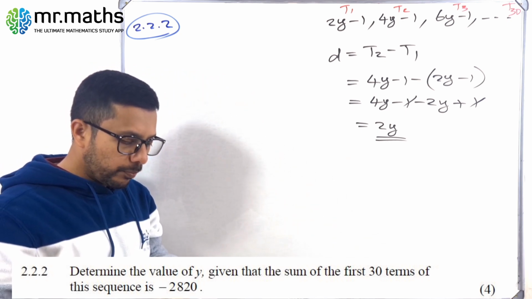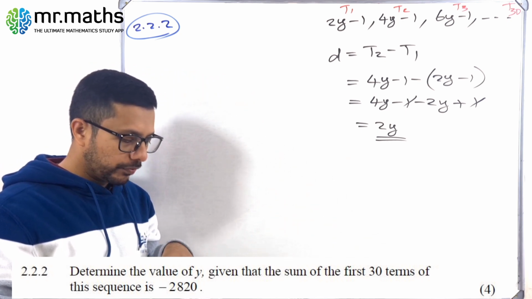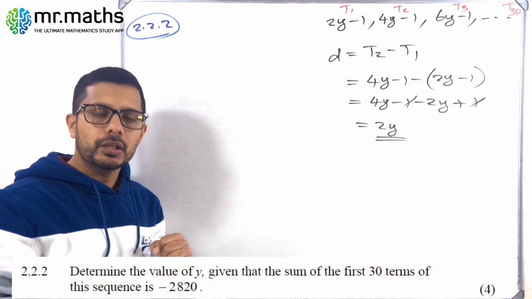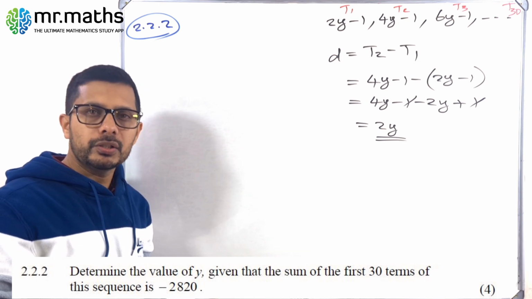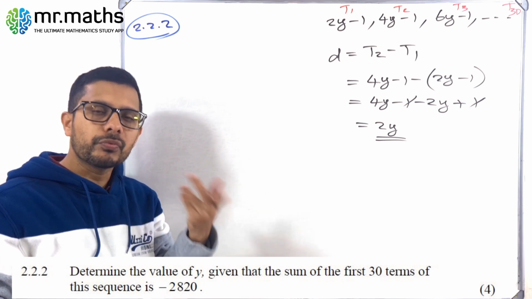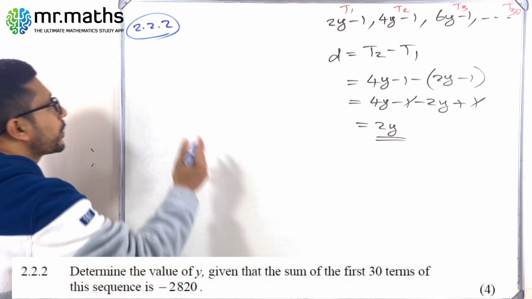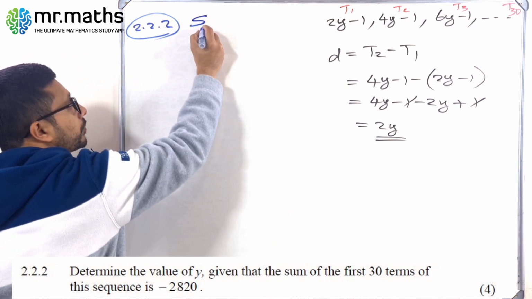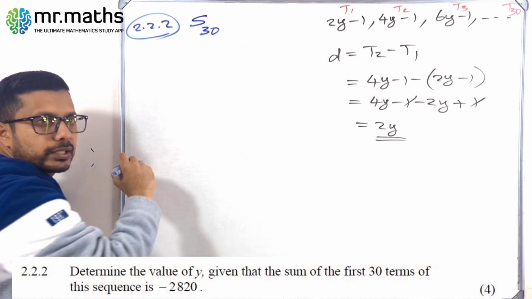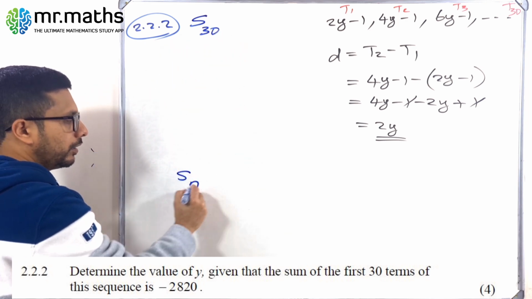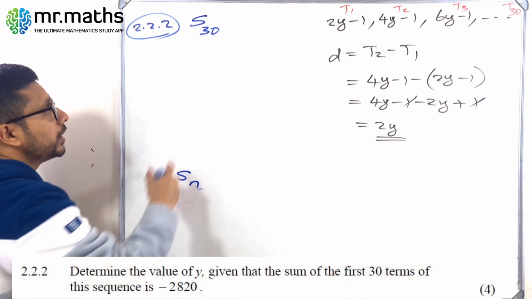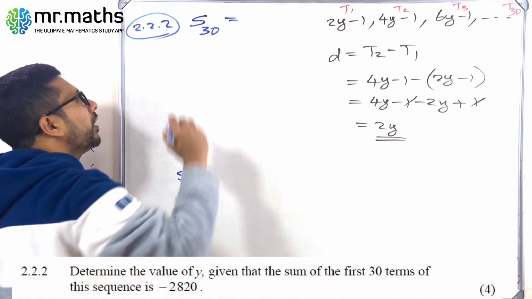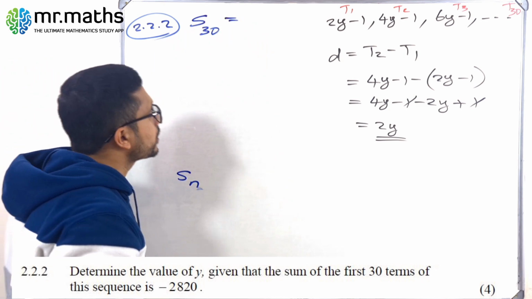Given that the sum of the first 30 terms of this sequence is minus 2820. The sum of the first 30 terms, how can we represent that? Yes, the sum of the first 30 terms, that is S30, like Sn. So first let's write the formula.